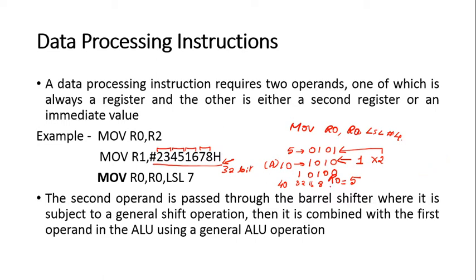So that's how this is going to work. Every time you shift by 1, it is again multiplied by 2. Here it is 10, and this becomes 40, and so on. So 2 to the power of 0, 2 to the power of 1, 2 to the power of 2, and 2 to the power of 3.